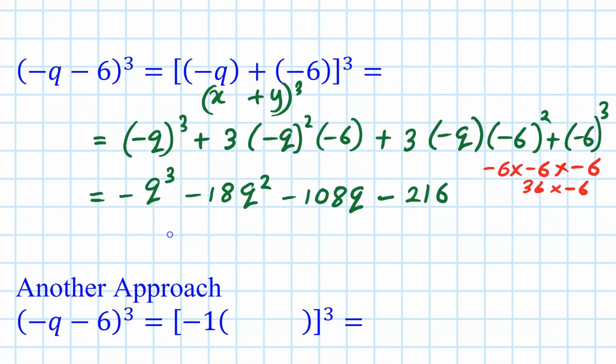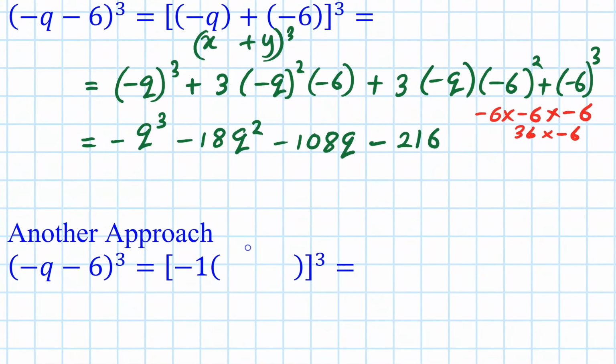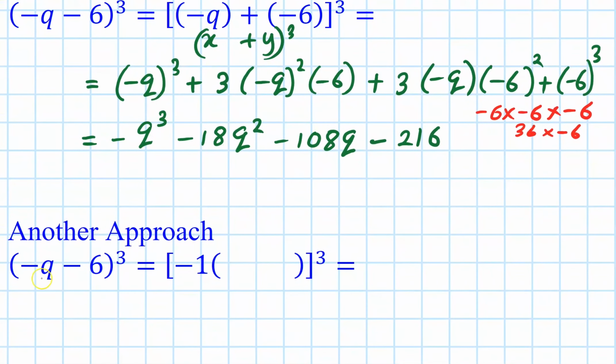Another way that we can look at this would be simply pulling negative 1 out of these two values. So factorizing with the negative, and applying the power 3 to each term inside the bracket. Now first write down q plus 6 here because you pulled out the negatives.